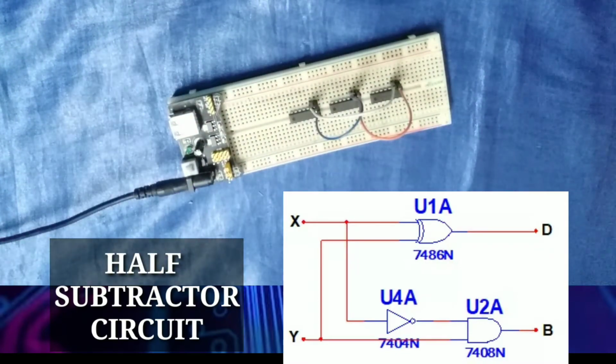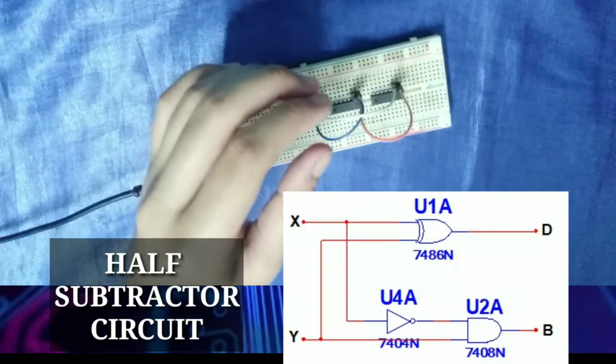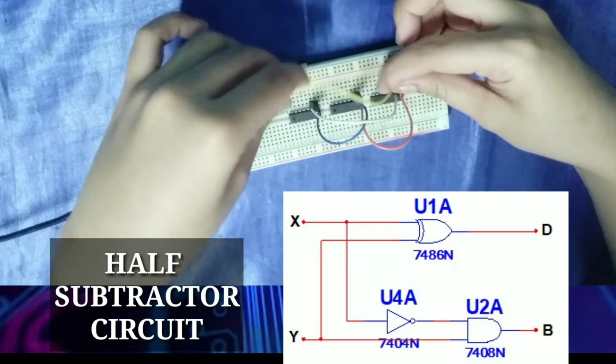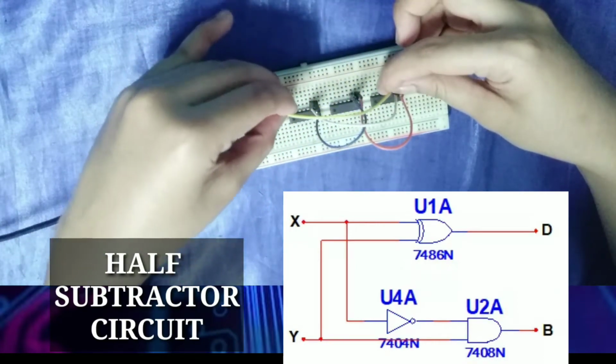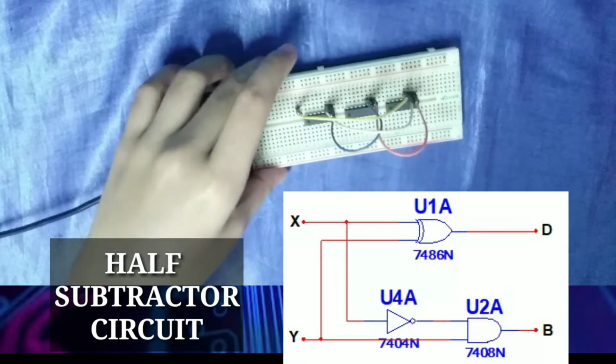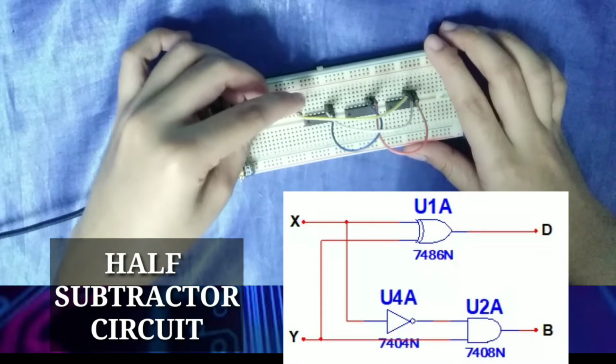Now, for our output, the output D will be connected to the third pin of the 7486. So here is our third pin of the 7486, which will be our output for letter D. So don't forget to connect a 360 ohm resistor for the output.